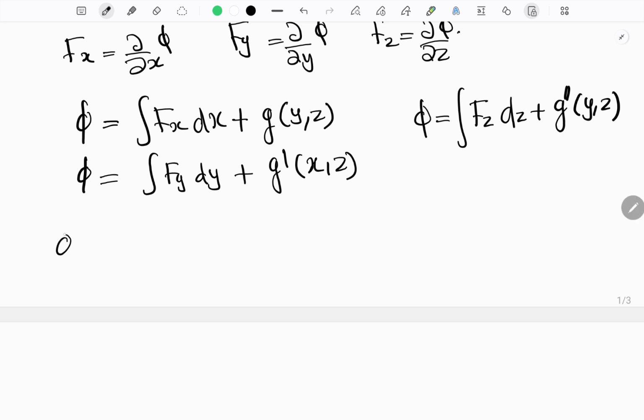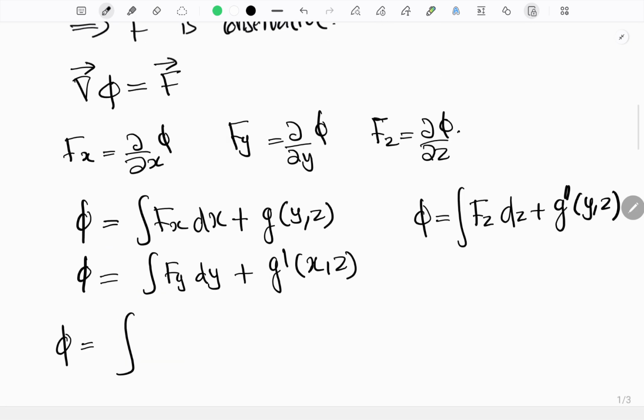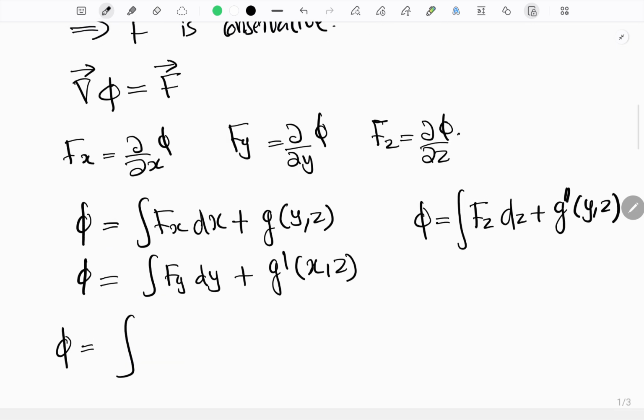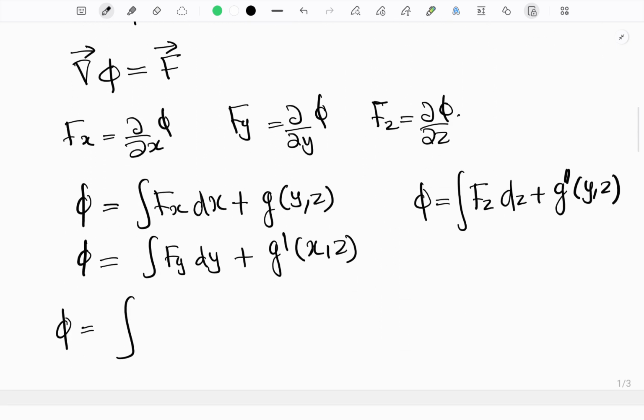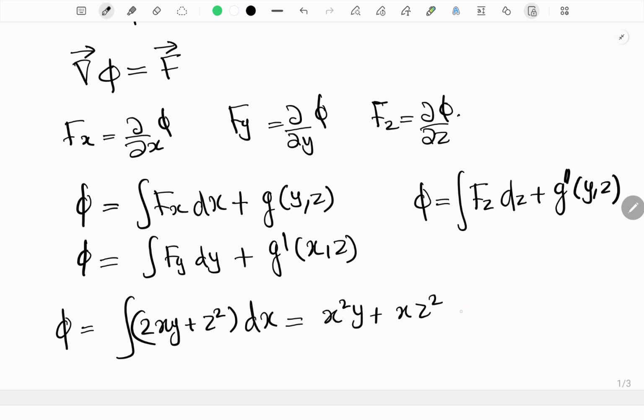So according to the first formula, phi will be equal to the integral of fx, which is 2xy plus z square, into dx. When we integrate, we will get x square y plus xz square plus some function g of y comma z.